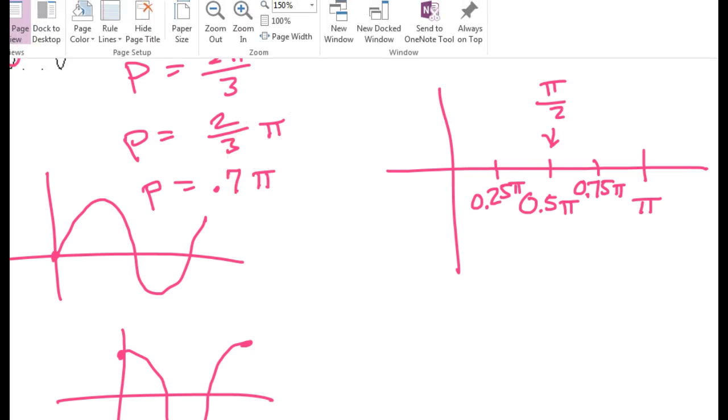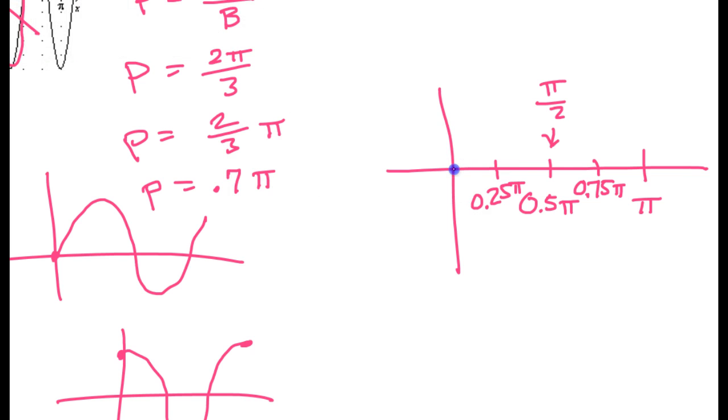So when I do this sine function, it should end a little bit before the third mark, because 0.7 is a little bit less than 0.75. So one cycle should end a little bit before the third mark.